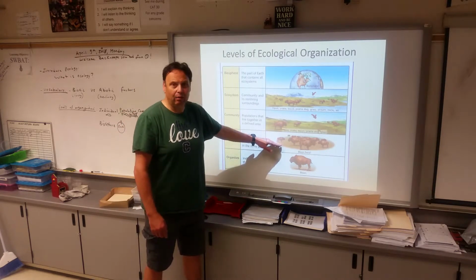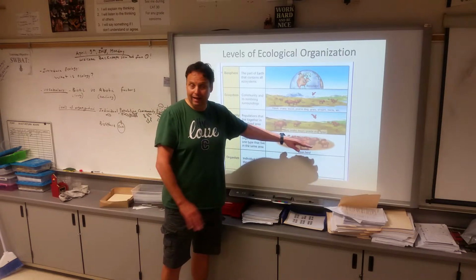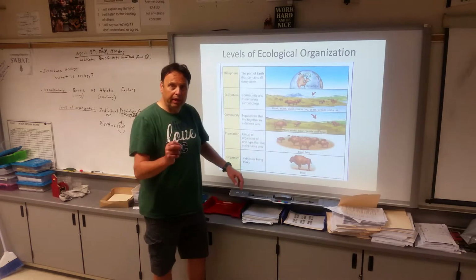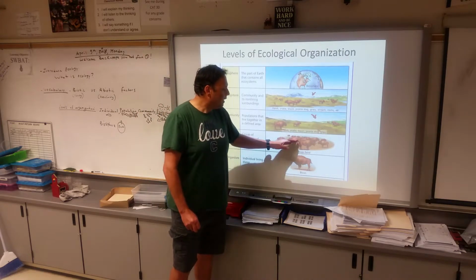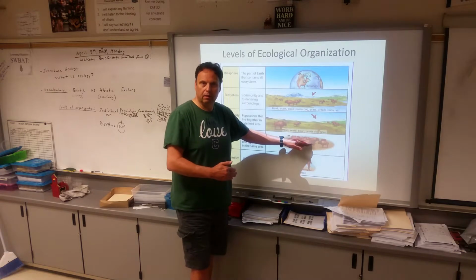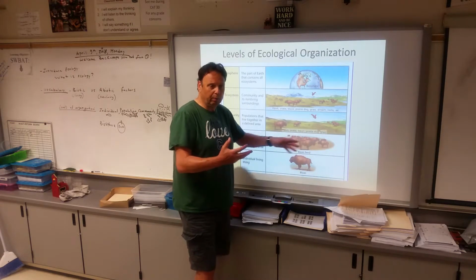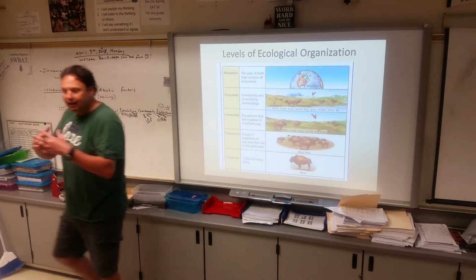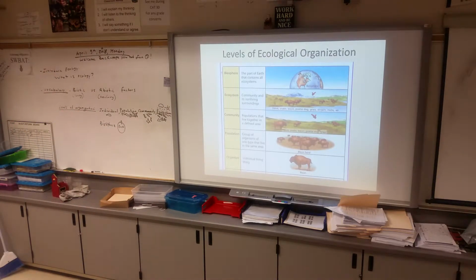Now, what if there was a cow in there? That would not be part of the population. What if there are birds flying? That's not part of the population. A population is a group of individuals that can have children, and their children can have children. So it must be a group of individuals that can keep the population going. So it can't be two different species.